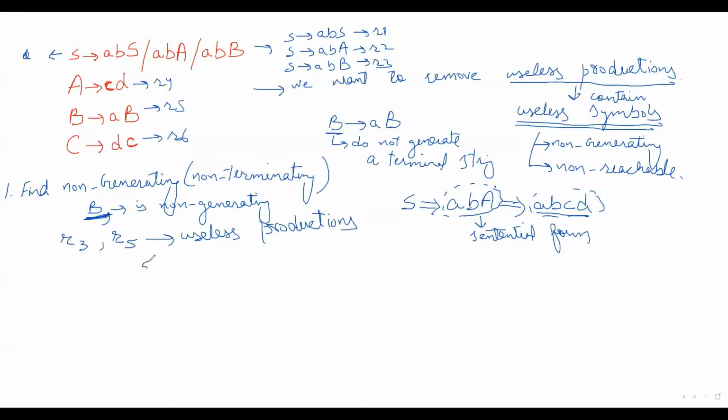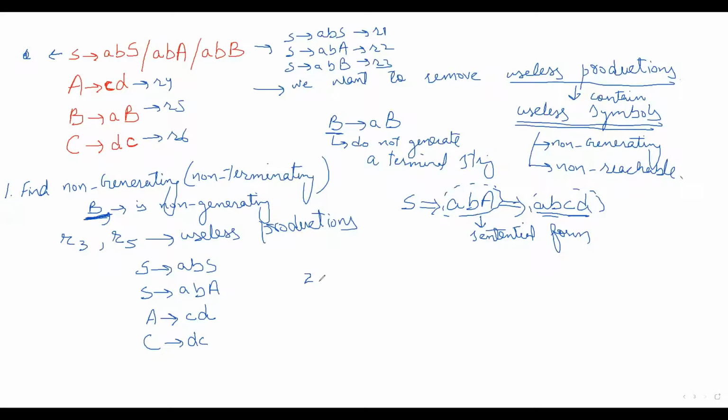The new grammar should have these rules: S gives ABS, S gives ABA, A gives CD, and C gives DC. These will be the productions that remain, and all the useless productions will be removed. So this is the first step: find non-generating symbols and then remove those useless productions that contain non-generating symbols.